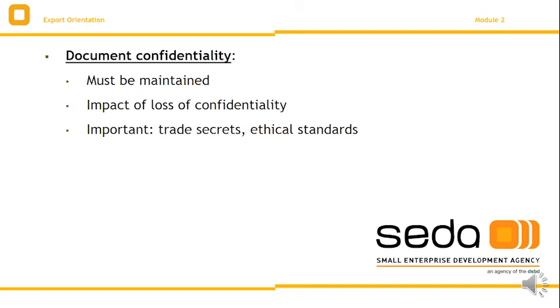Then the company must also maintain ethical standards when it comes to private information that it has of its company, of its employees, as well as the clients. So the company can have policies in place which employees must comply with.